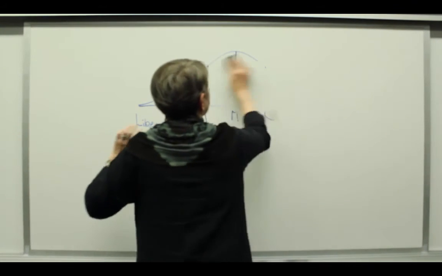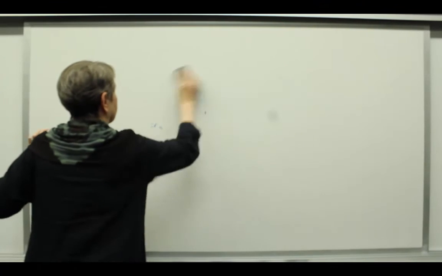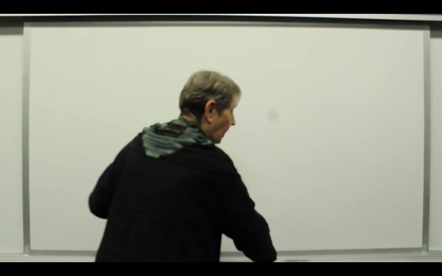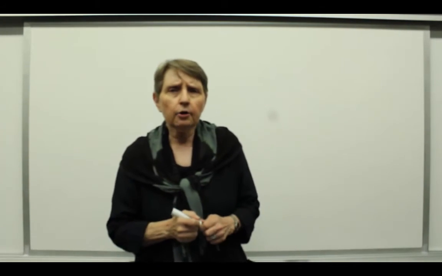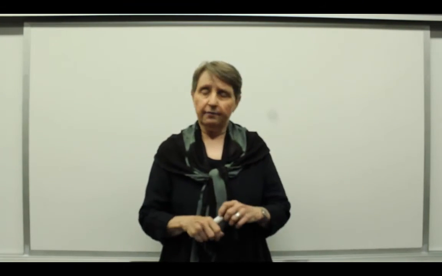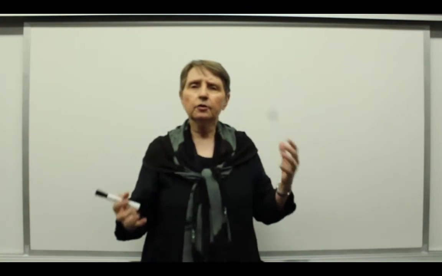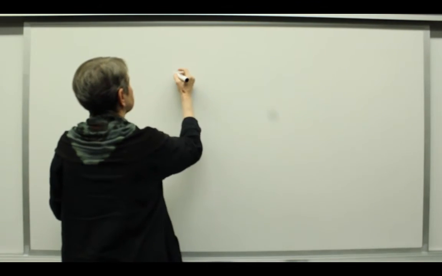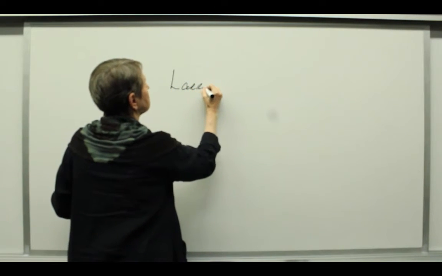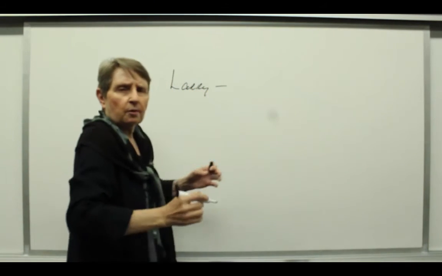Okay, so let's look at a situation where I have three people, Larry, Curly, and Moe. And Larry, Curly, and Moe are going to go to lunch. They've agreed they're going to lunch together. They haven't decided where they're going to go. And Larry wants to go somewhere cheap.